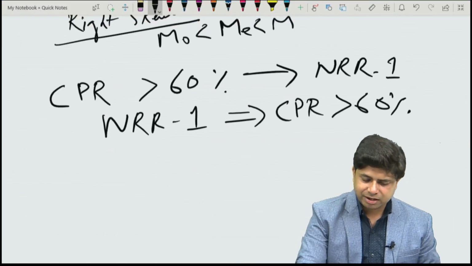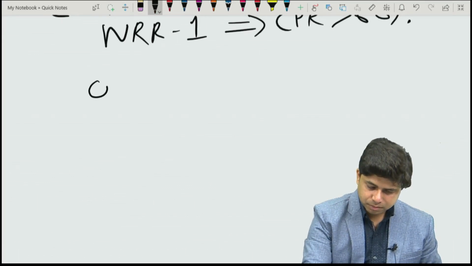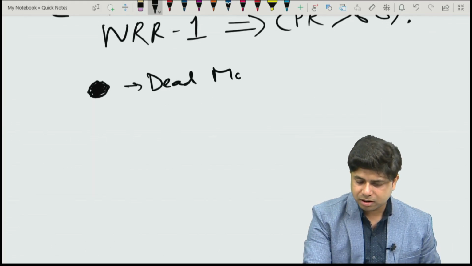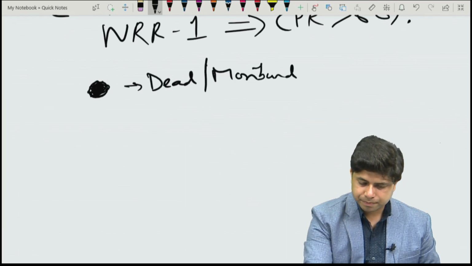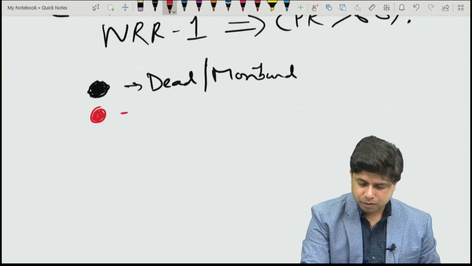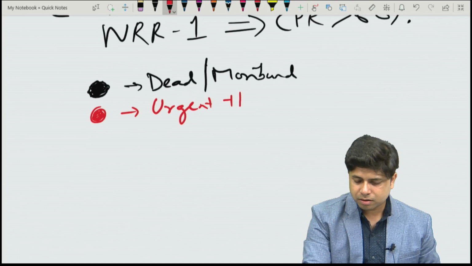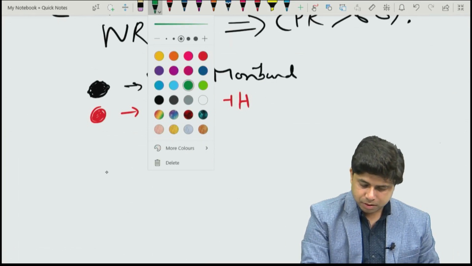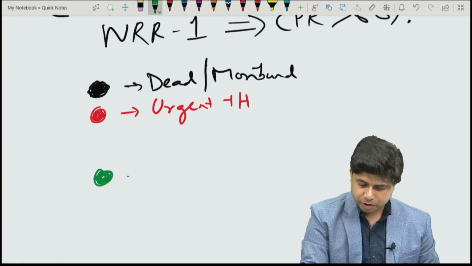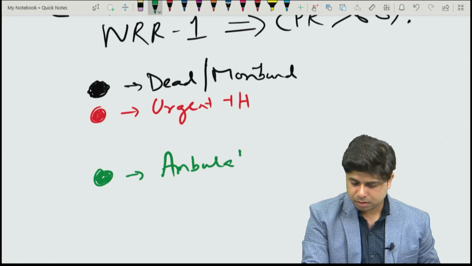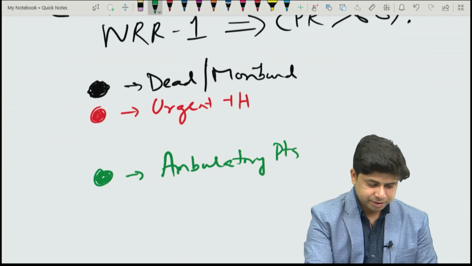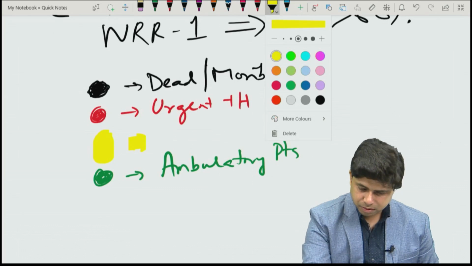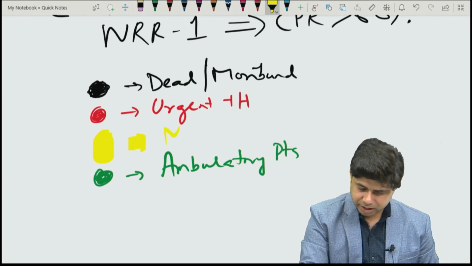So just quickly we can write: black for dead or moribund, red for urgent treatment, priority 1, green for ambulatory patients, and yellow for medium priority.